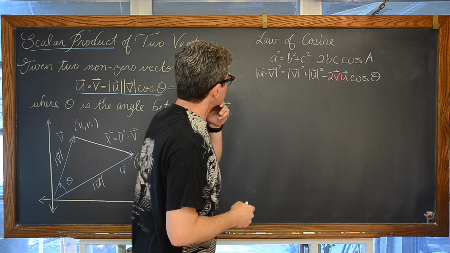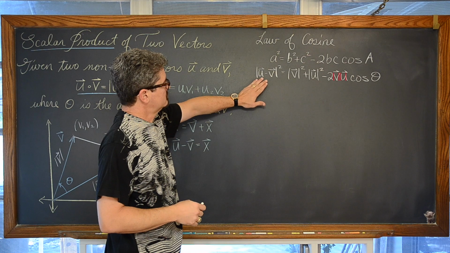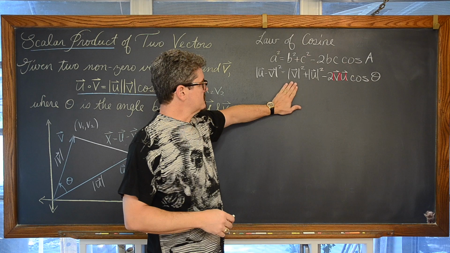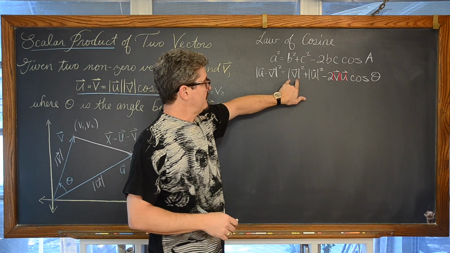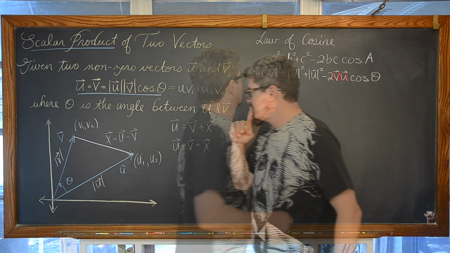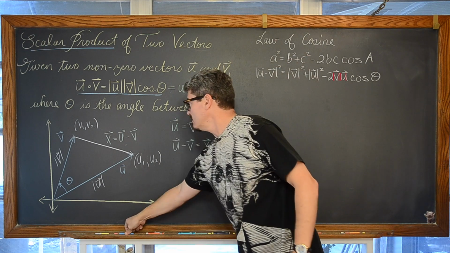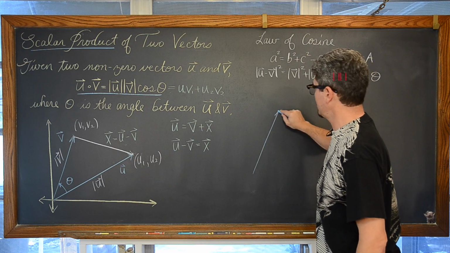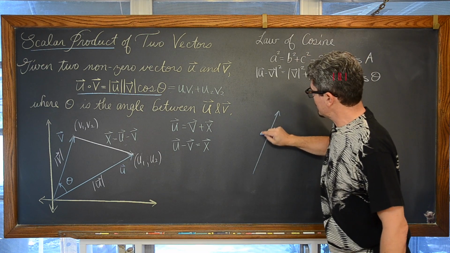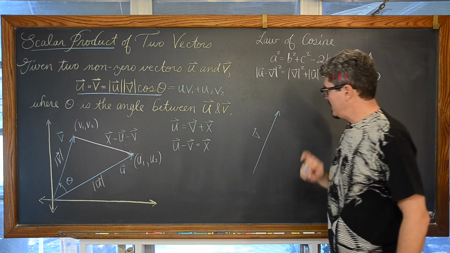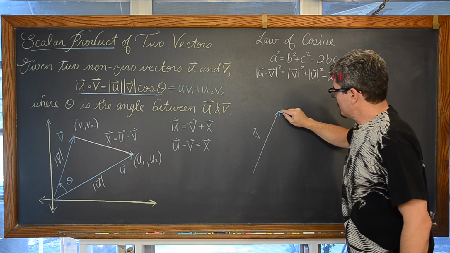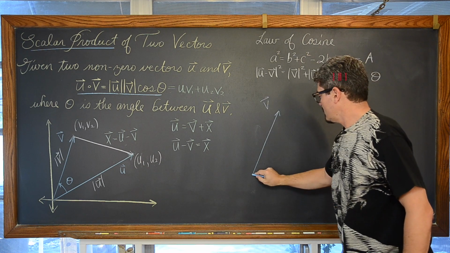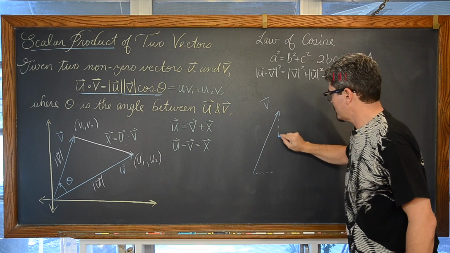So how are we going to work out, let's say, the magnitude, this notation here, which is the magnitude of vector v squared? If we look at this vector v right here, kind of try and make it sort of in the same direction and same length. So here's vector v. Well, that vector v has a horizontal and a vertical component.